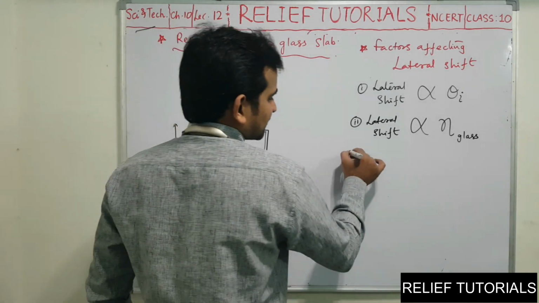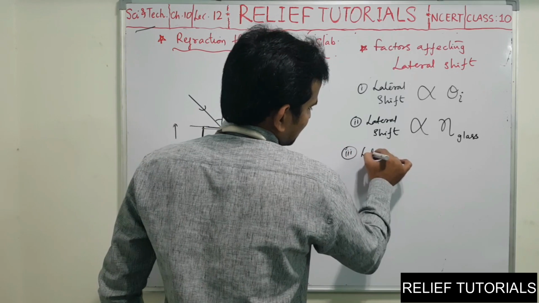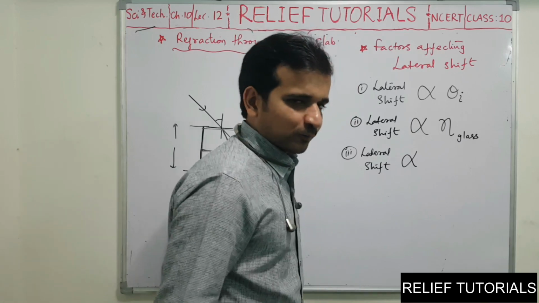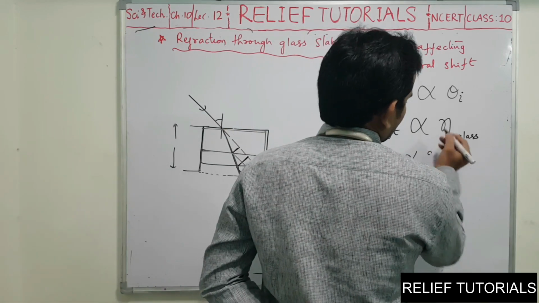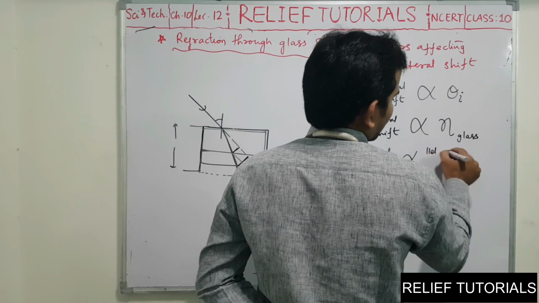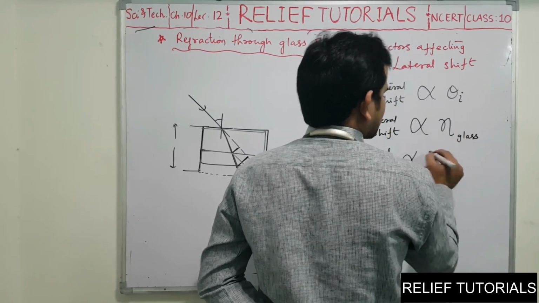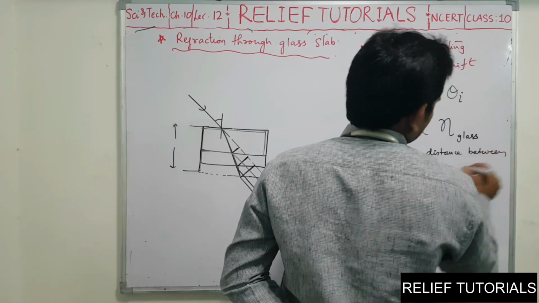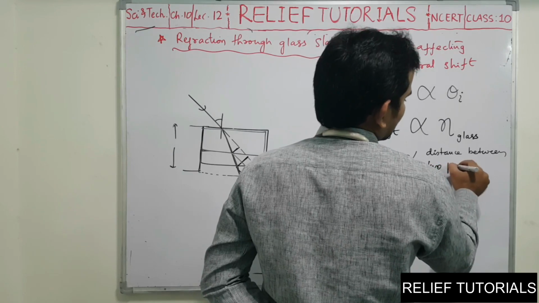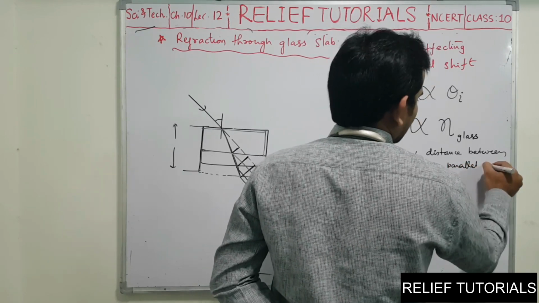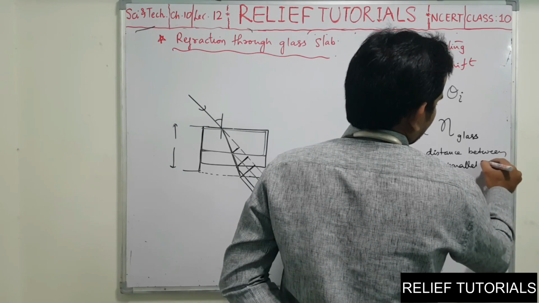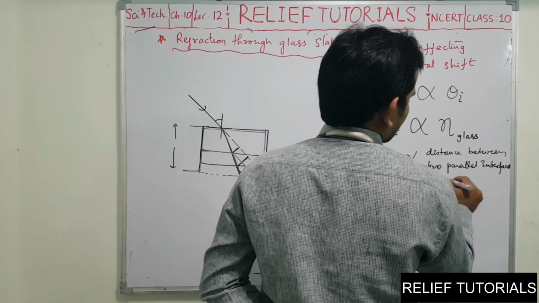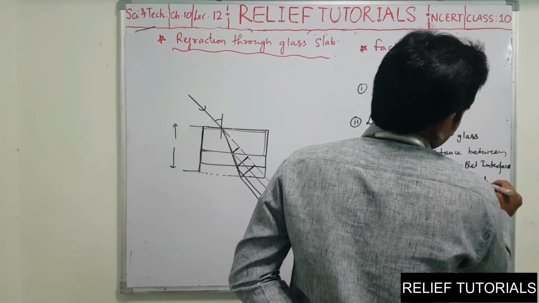So lateral shift is also directly proportional to the distance between two parallel interfaces of the glass slab.